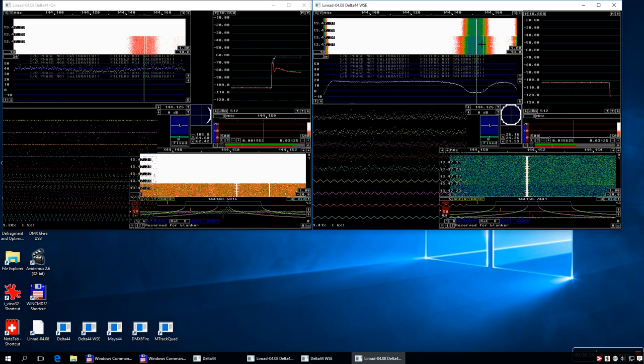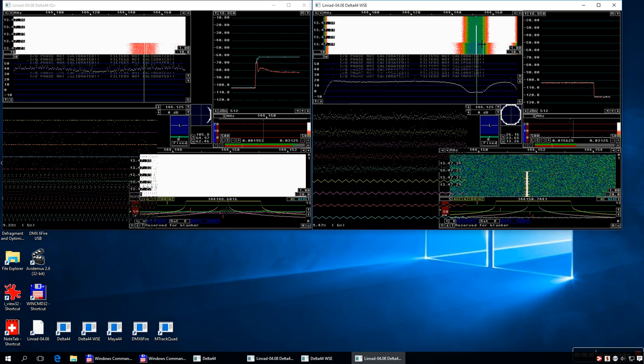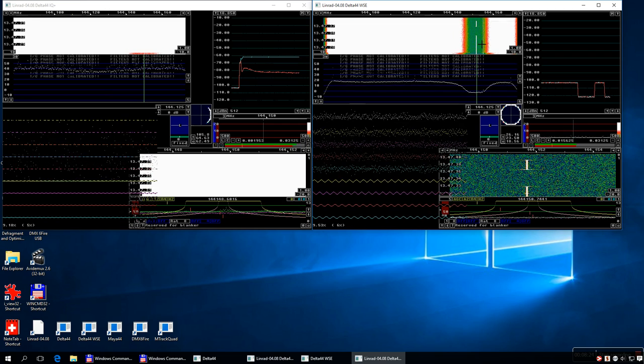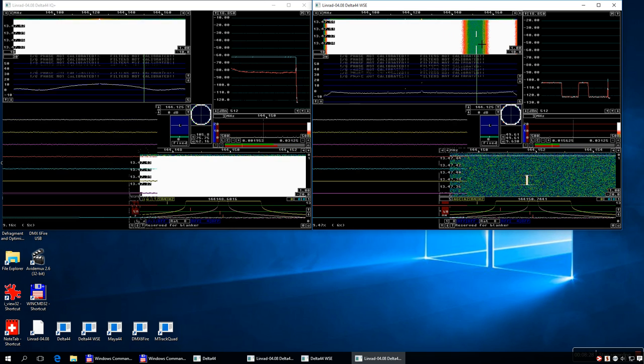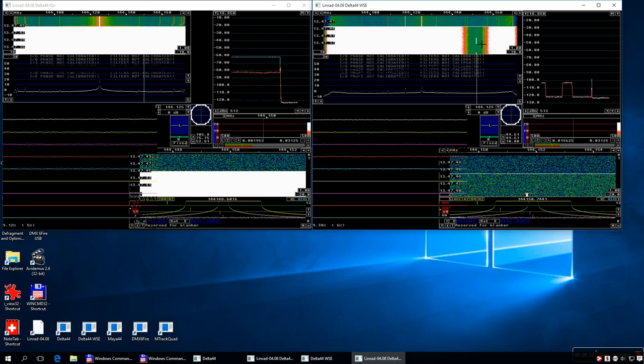As you can see, the signal to noise ratio is still very close to the same. Maybe not quite. I switch off the very strong signal now, and it makes about 1 decibel.